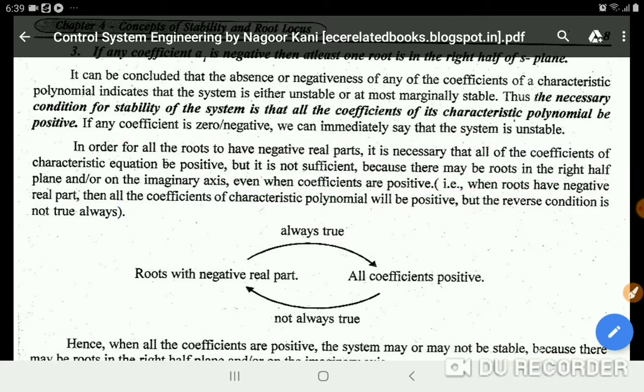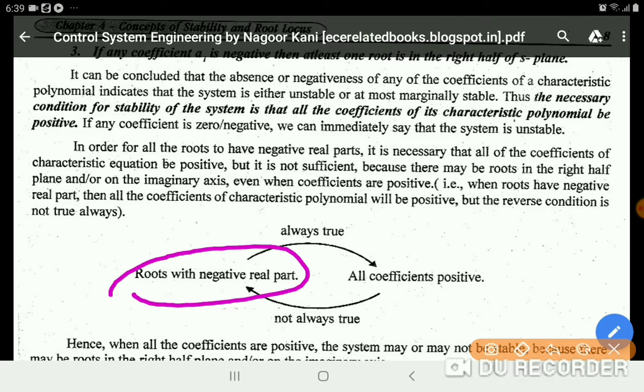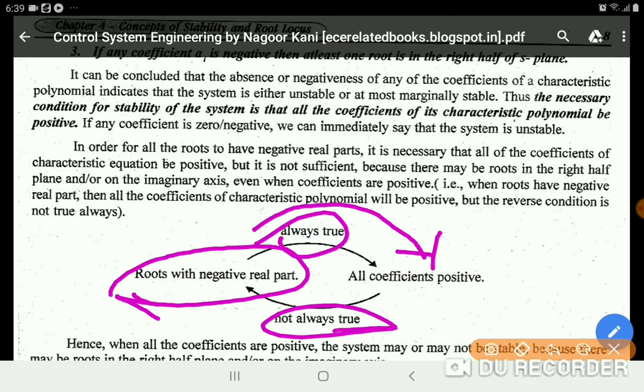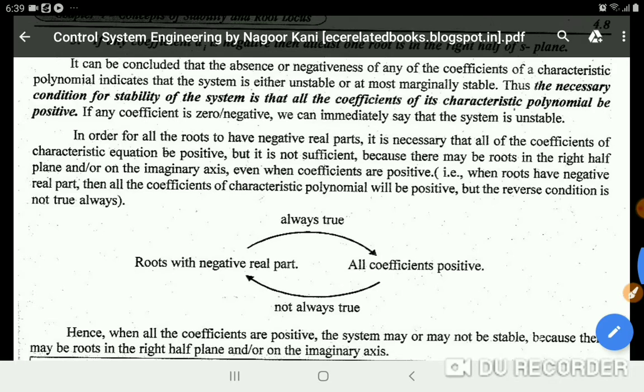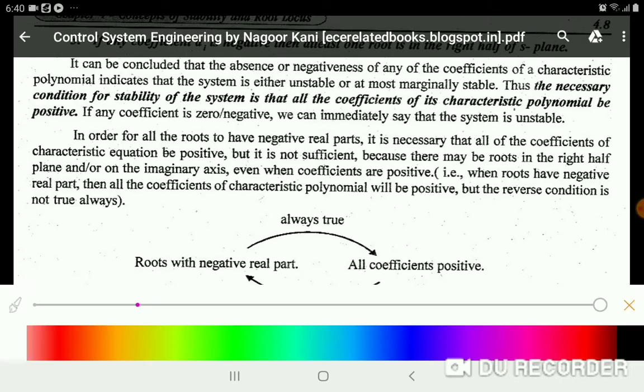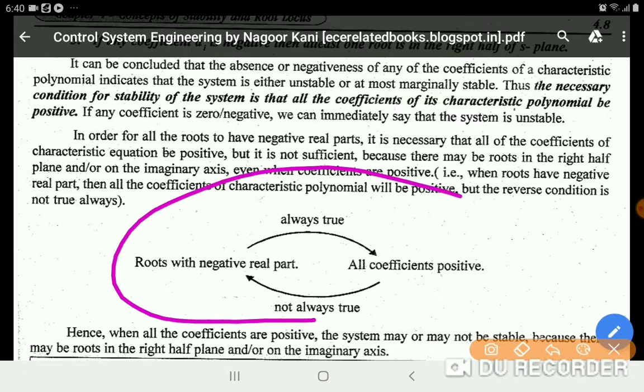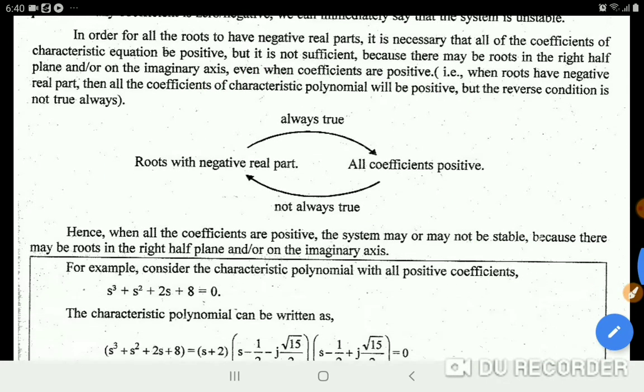So you can easily understand from this: all roots having negative real parts implies all coefficients positive, that's always true. But all coefficients positive does not always mean the roots have negative real parts. So just keep focus on this point. Don't worry, while you are moving through a problem, you can easily understand it.